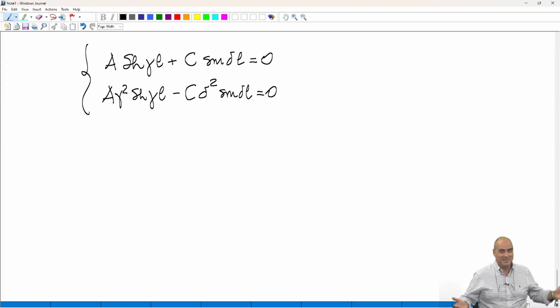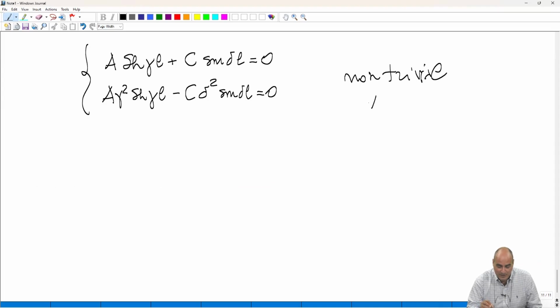Come on. Why this wasted effort? Well, because we are not looking for the trivial solution. The trivial solution is A equal to C equal to 0. We are looking for a non-trivial solution.